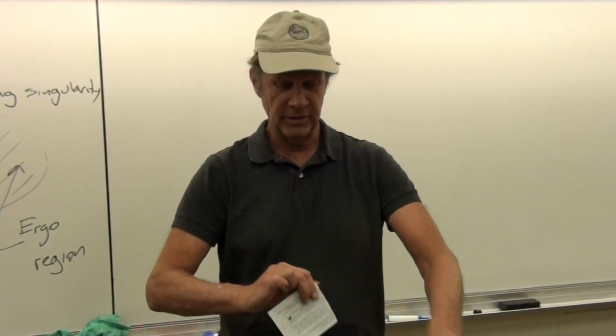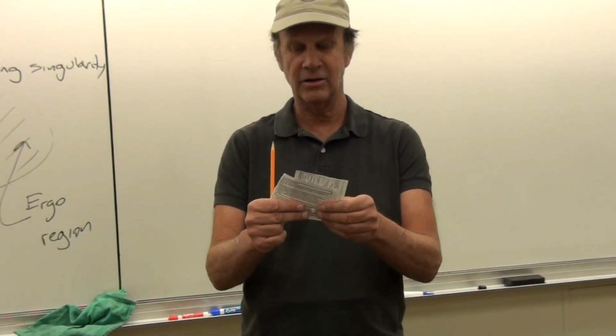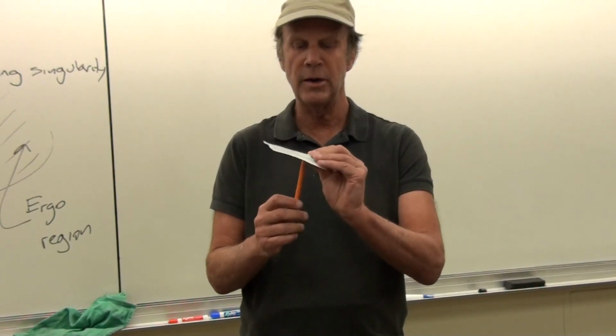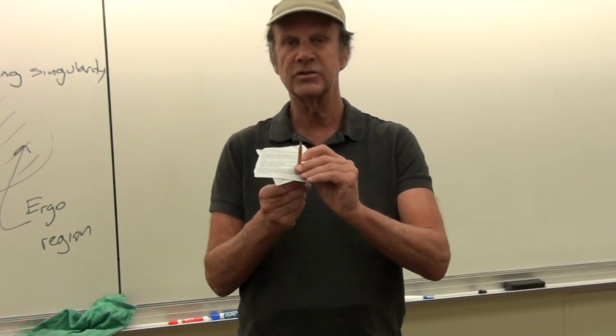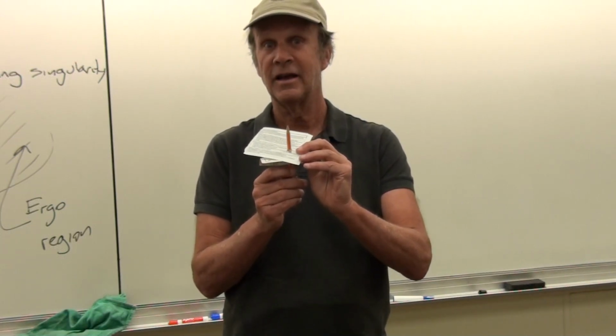And another possibility is that there are other universes. And so these black hole solutions could also open you up to the possibility of being able to travel into a completely different set of space-time dimensions.